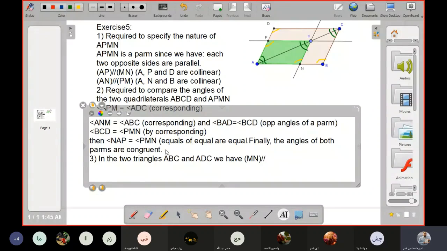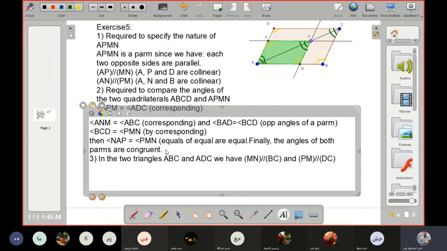MN is parallel to BC, PM is parallel to DC. So by Thales theorem, we get the ratios.